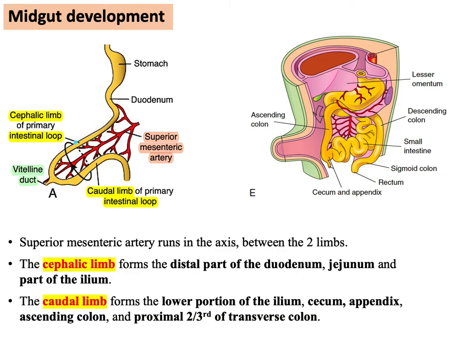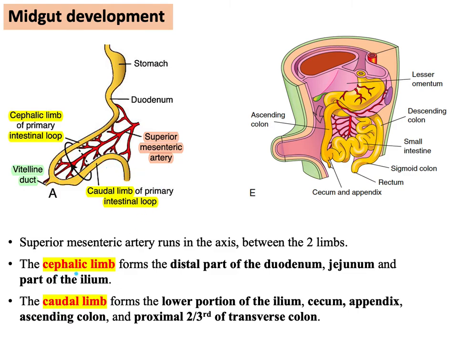So for the cephalic limb, you have to know that roughly it will form the small intestine, from the duodenum, jejunum, and most of the ileum. While the caudal limb will form the large intestine, not all of it, I mean the cecum with the appendix, ascending colon, and the right 2/3 of the transverse colon.